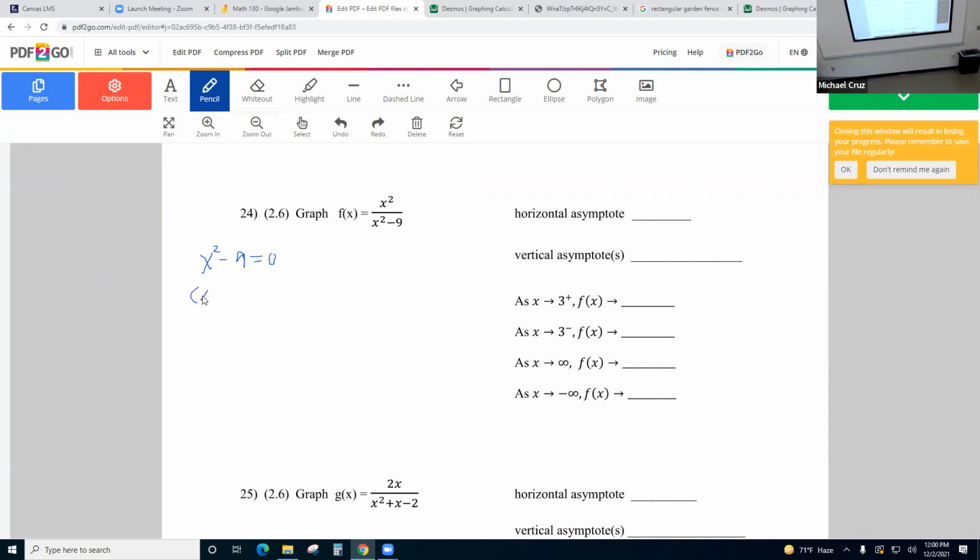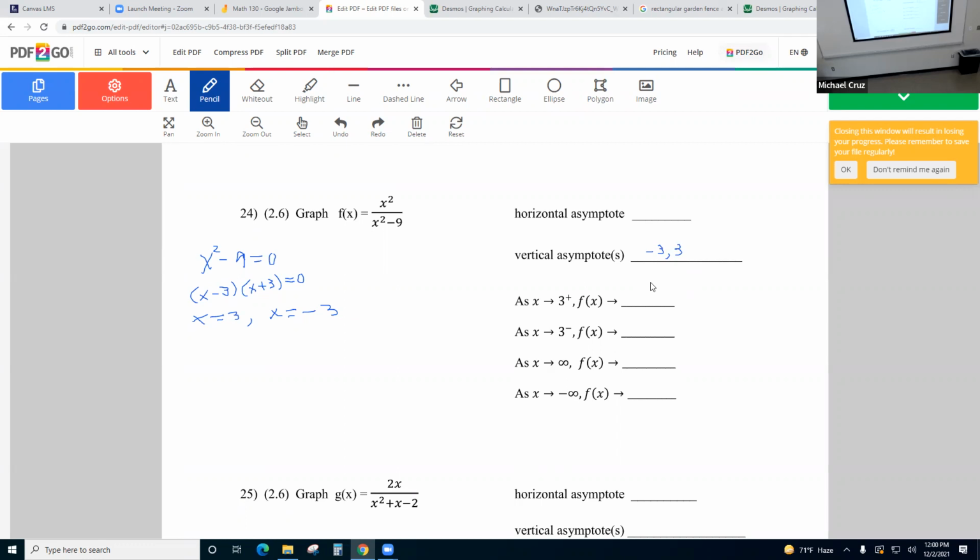So this is x minus 3, x plus 3. So the vertical asymptotes are -3 and 3. All right.